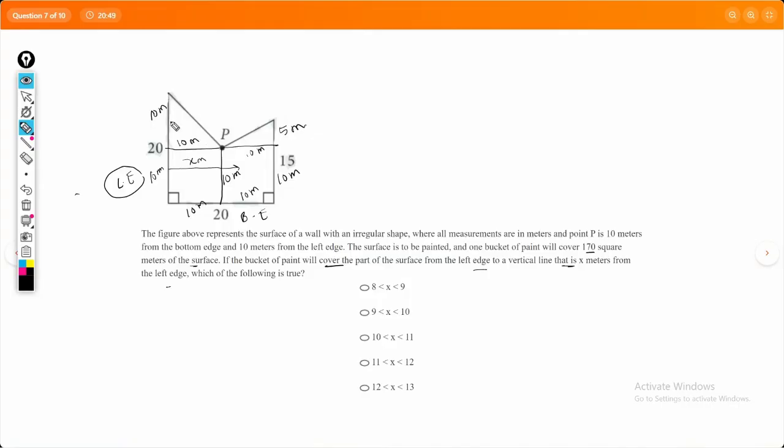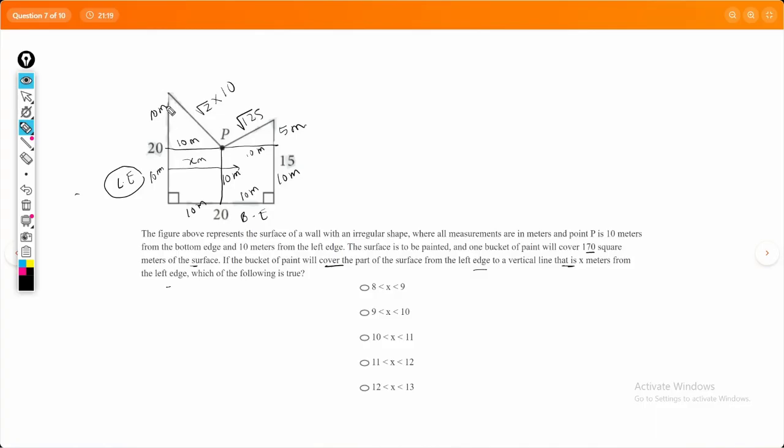If we apply the right angle triangle property here, its value would be root over 210, and for this one it will be root over 125. So we need to find the value of x that will yield this 170 square meters of the surface.